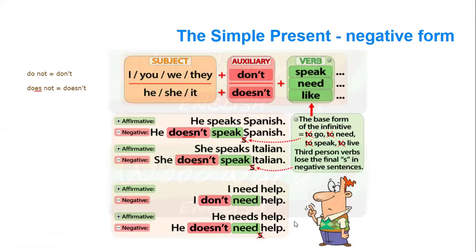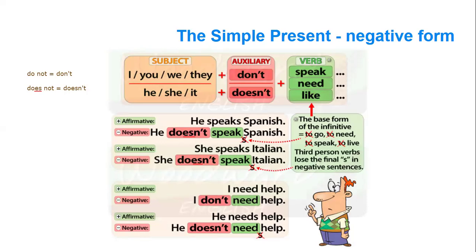And the last one, Radel? He needs help. Negative. He doesn't need help. He doesn't need help. Okay, good. So this is basically how to create negative phrases with the simple present.